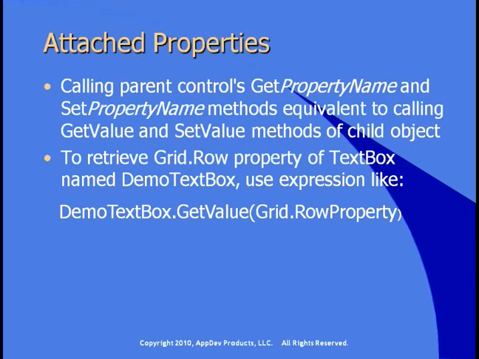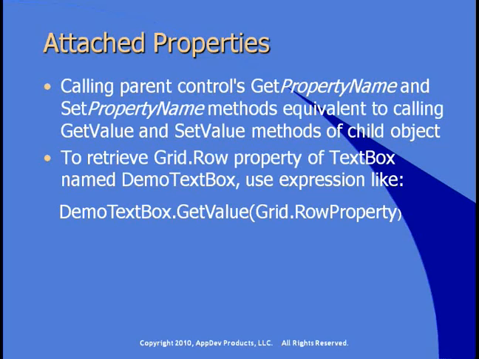Demo text box.getValue, that's the method of the text box, and you pass it grid.row property. Remember, the grid has a single field named row property that you're using only to pass down to the dependency object's getValue method to get the value of that property for this control.